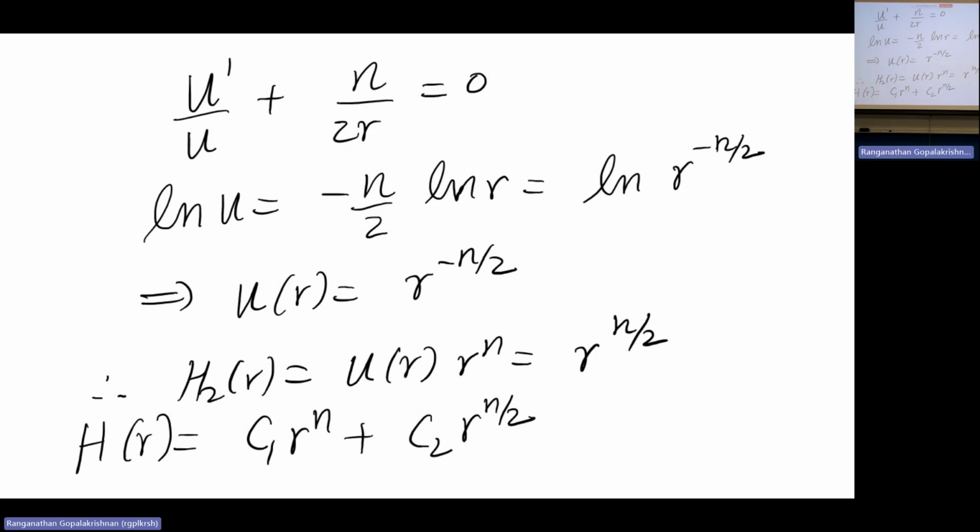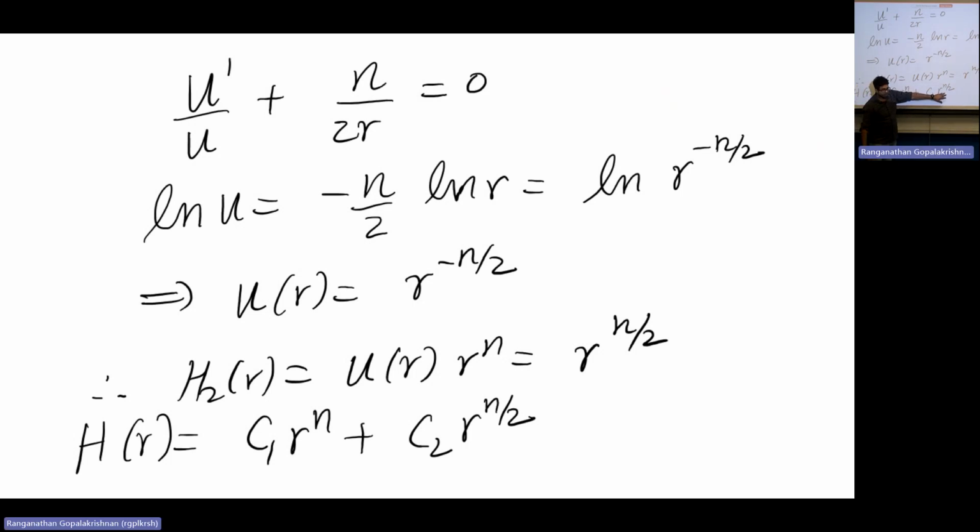this equation here, if you take its derivative, this is n power n over 2, and this is n over 2, this is r power n by 2 minus 1.